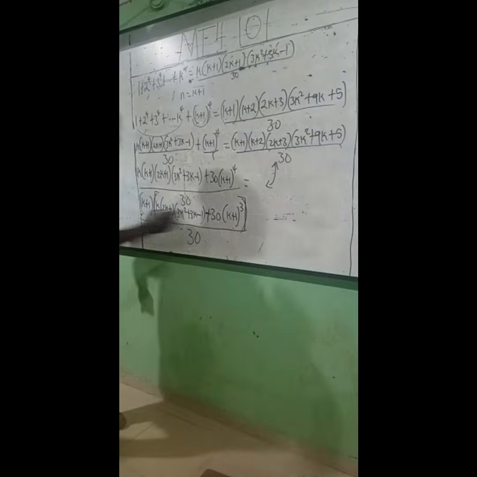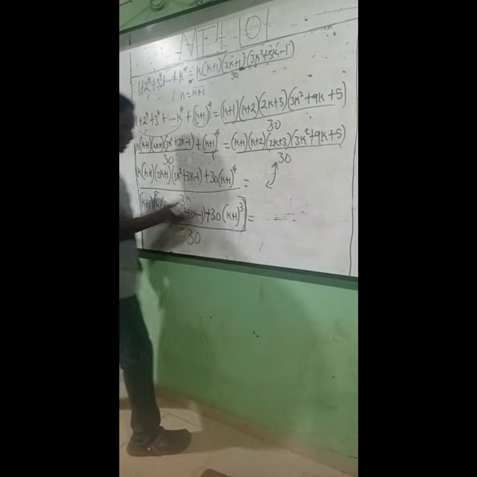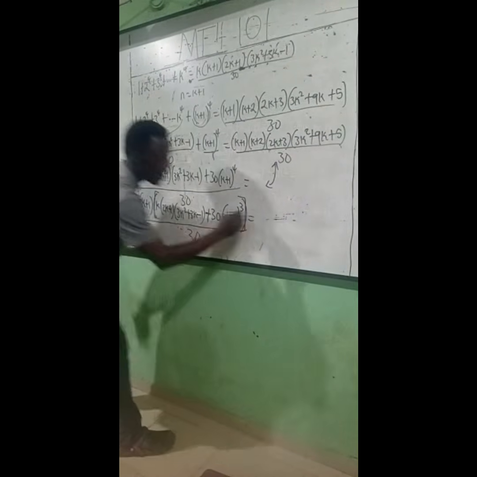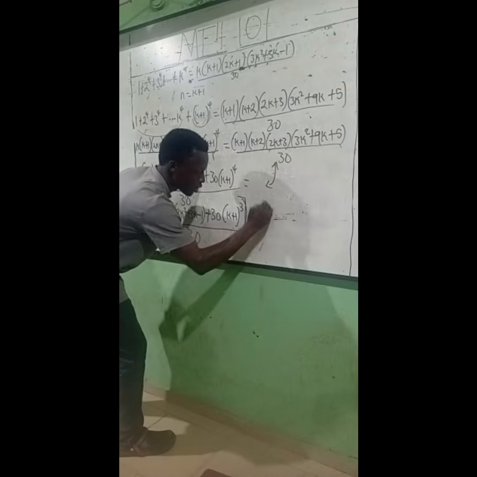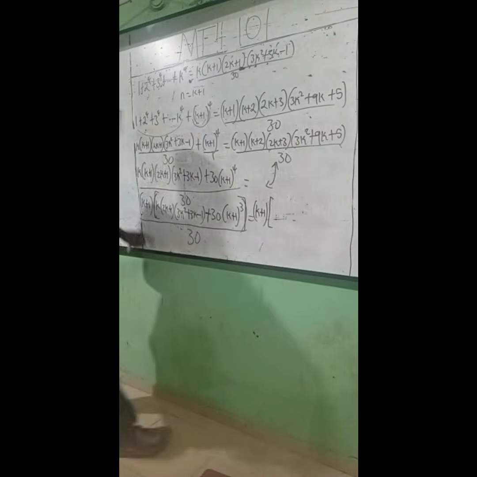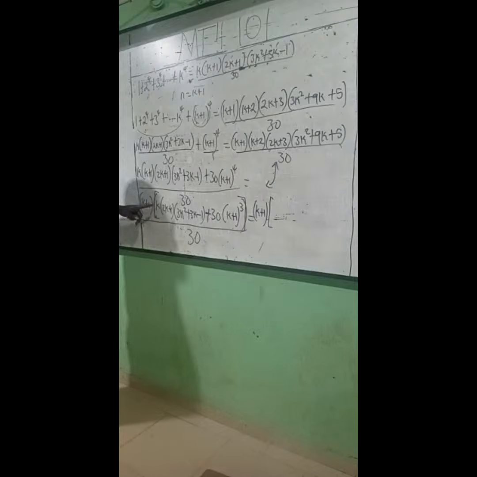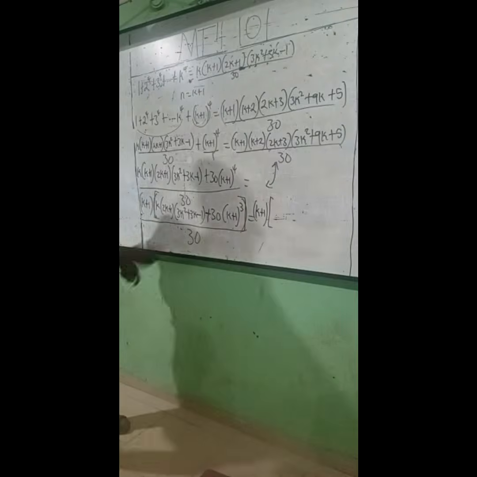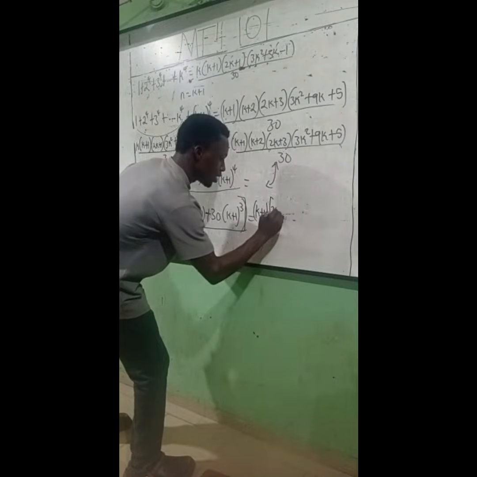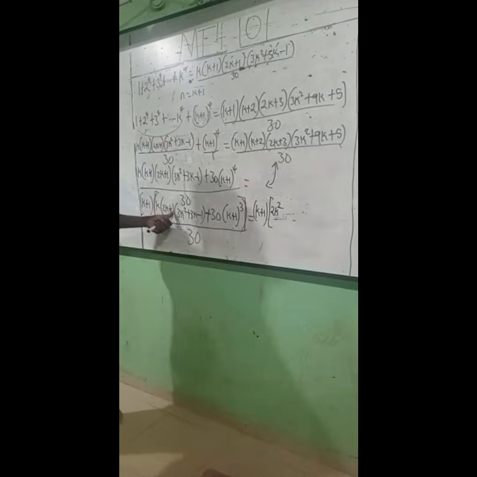Okay, let's solve one more. I'm not writing this yet. I want to put this in here. So here we have k plus 1. Now k times 2k, 2k squared.